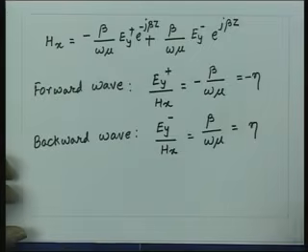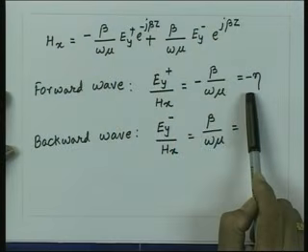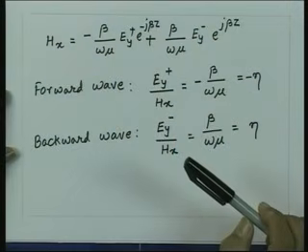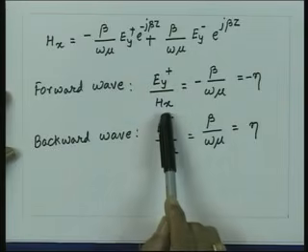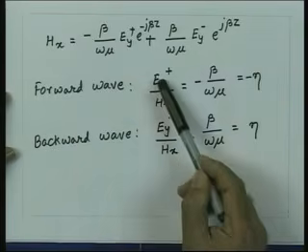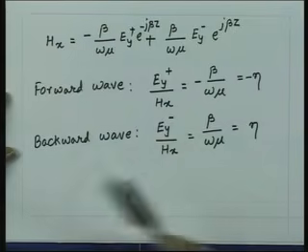So, for the forward travelling wave, if I had taken earlier where the electric field was x component and the magnetic field was y component, this quantity was plus eta. Whereas, if I take the electric component as y and the magnetic field component as x, then the ratio of this is negative eta.